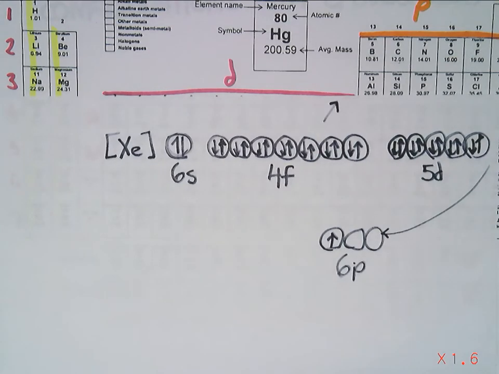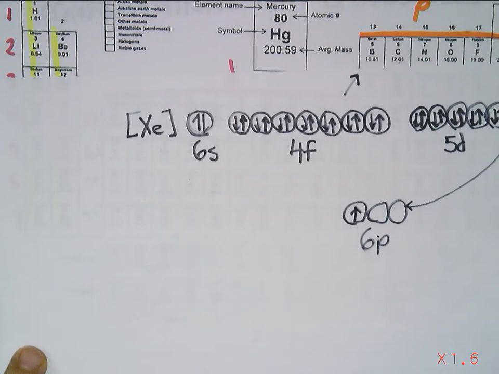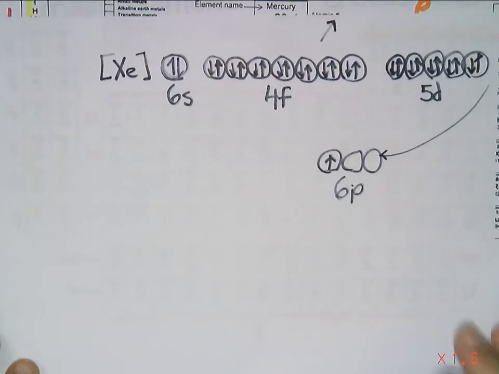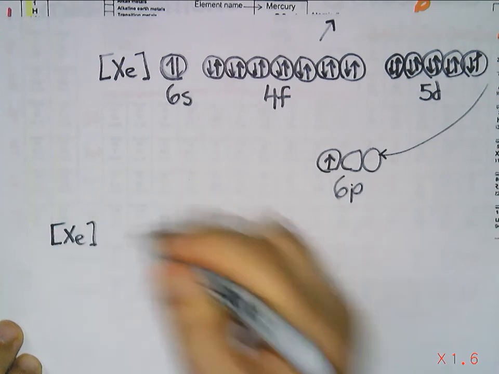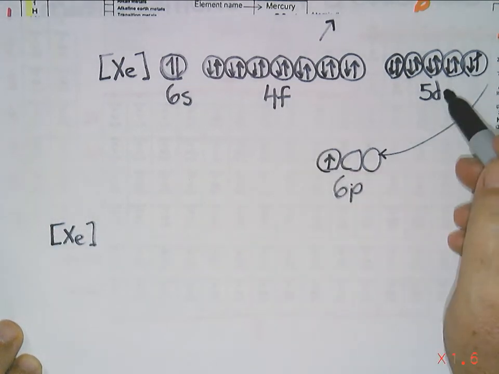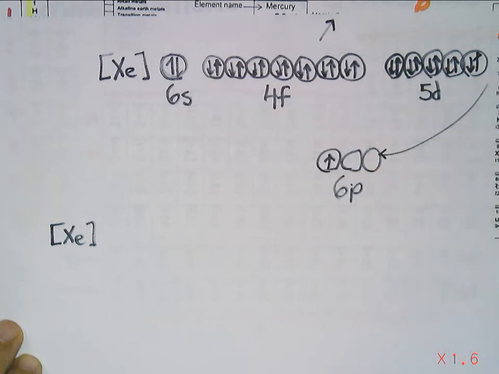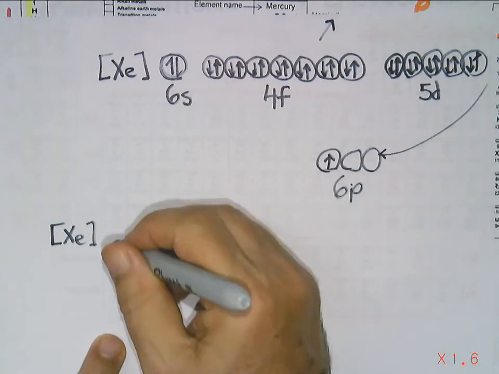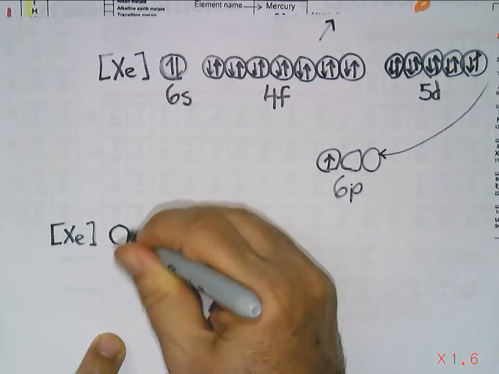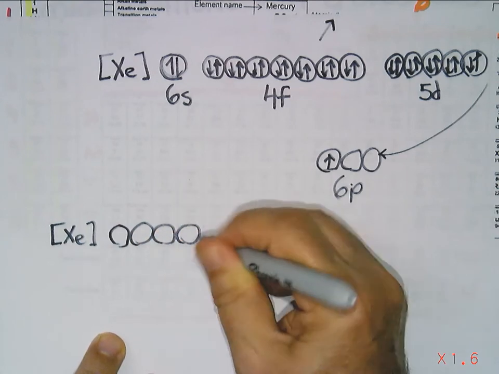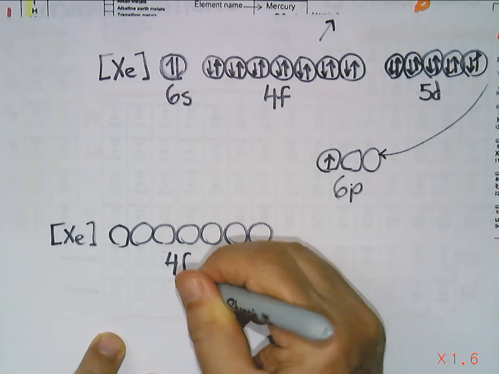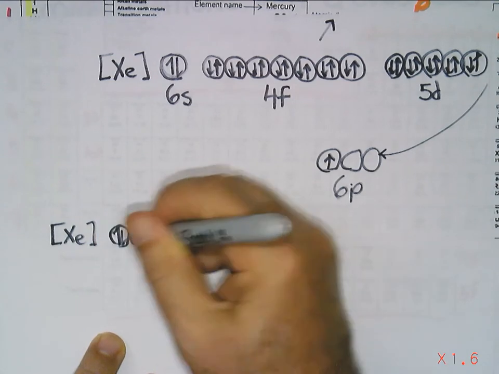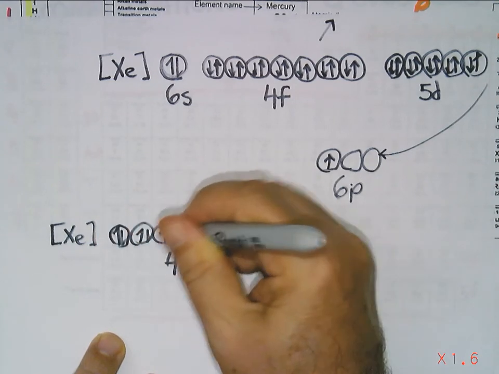Now this is in fill order. Let's put it in shell order. Xenon core. I'm going to put the 4f's, then the 5d's, and then the 6s and the 6p. Seven orbitals in the 4f with 14 electrons in there. I'm going to just copy them over real quick.